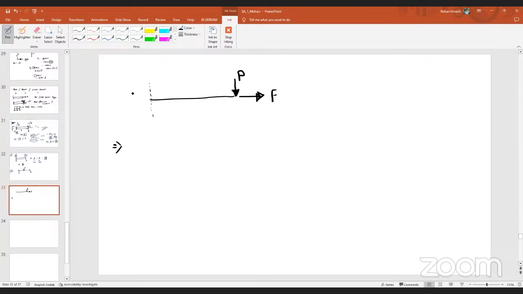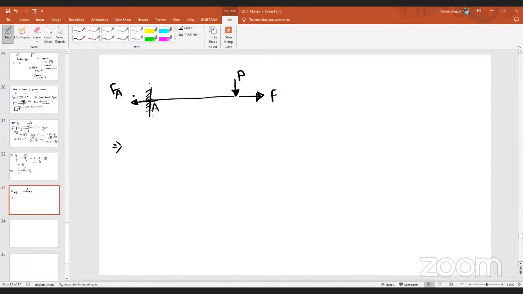First of all, tell me what will be the unknown force at A? P and F are the applied forces. Imagine this is your fixed support. That means we are solving the cantilever problem. Now, what is the reaction at A?